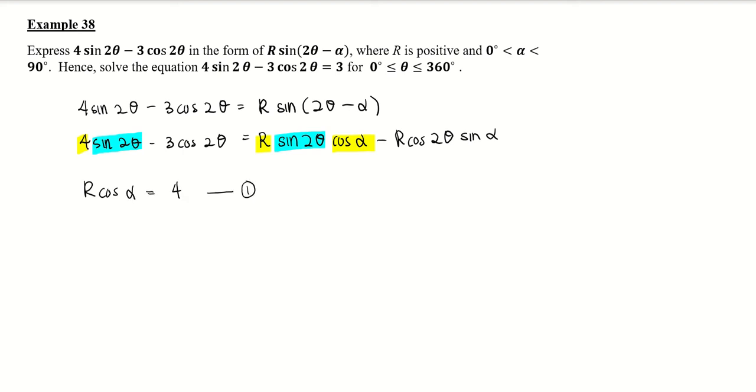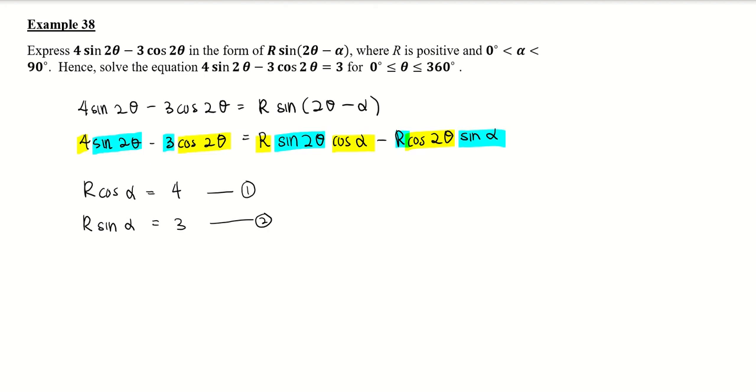Then we compare the term with cos 2 theta, so that means 3 is equal to r sine alpha. So we get r sine alpha equals 3. This is the second equation.